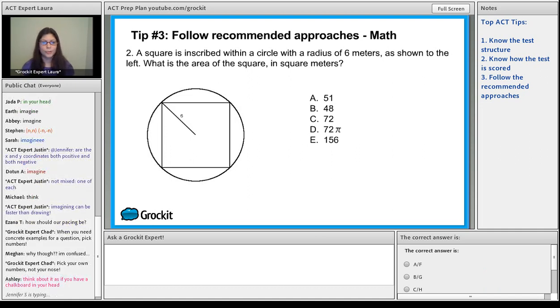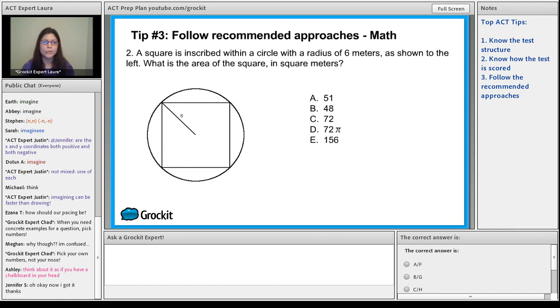If they give you a picture, that shouldn't be your final move. Take a look at this question and tell us, what would you do to this picture to amend it slightly?